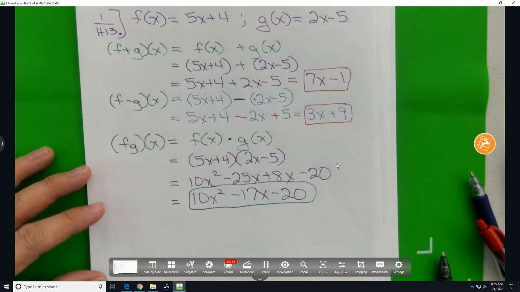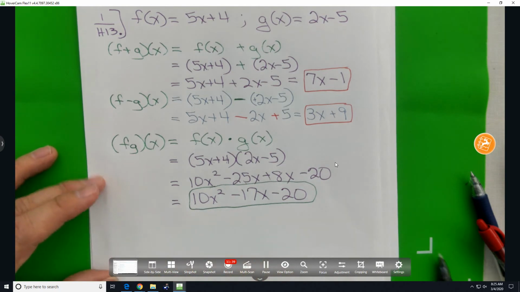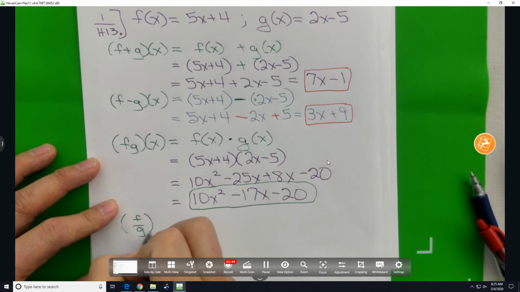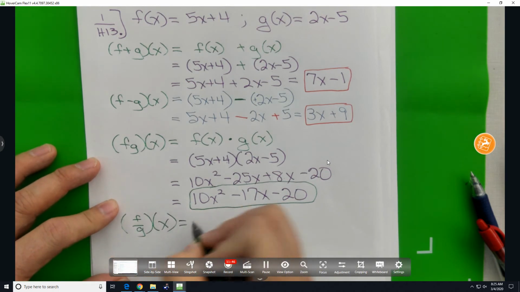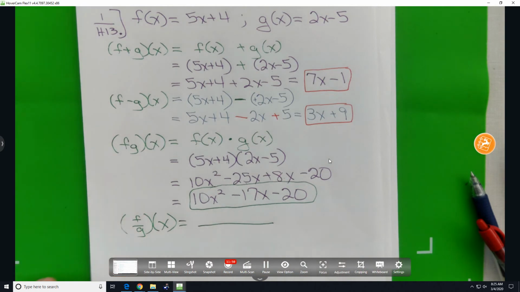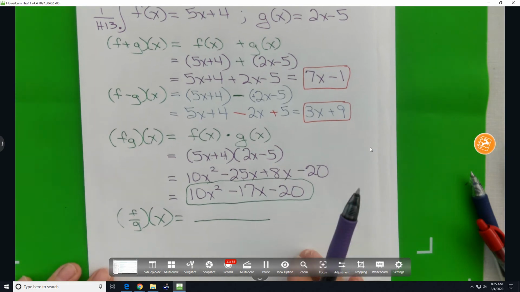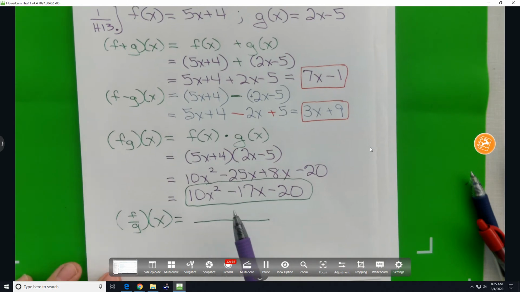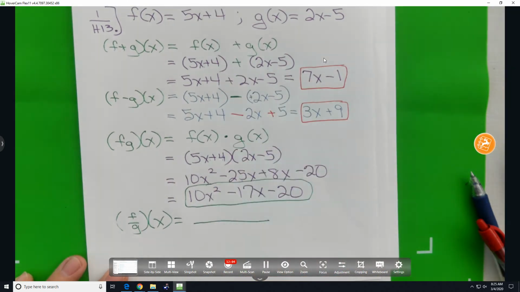Now division. Division of functions. This is going to be the hard one. F divided by G. Okay, there's your fraction bar. I haven't stated the formal definition of division of functions because it should be obvious. What do you think I'm going to have on top? F, that's right, 5x plus 4.